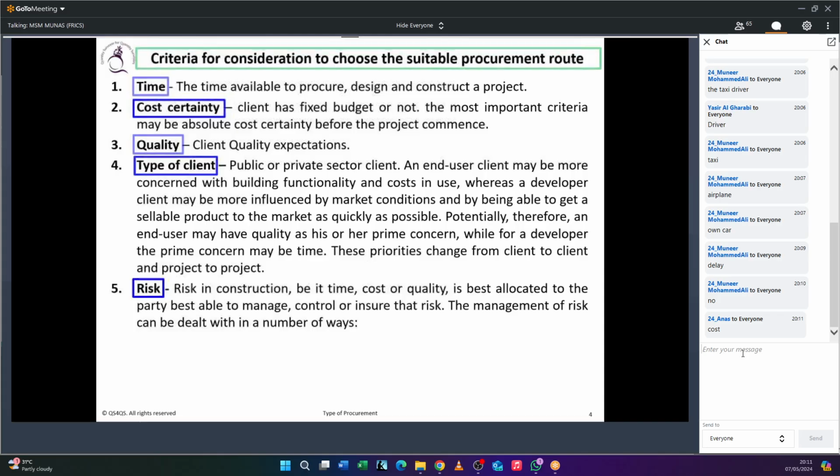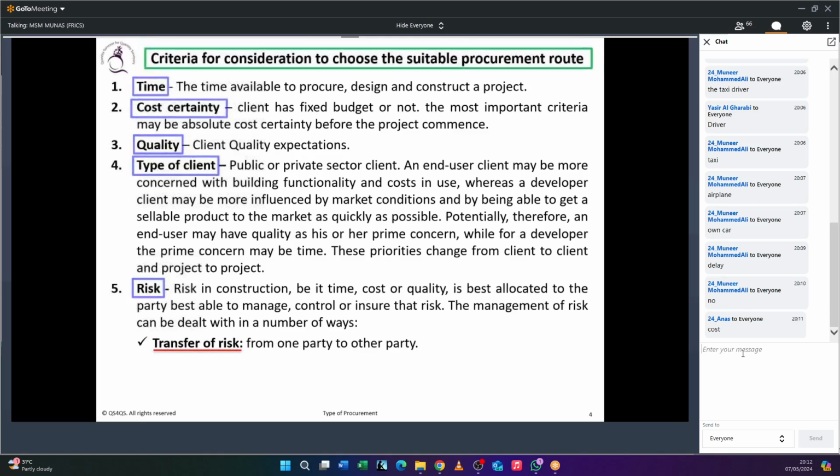Then risk. Sometimes there is a design risk, construction risk. Which party is going to bear the risk? Accordingly, your procurement route will change.